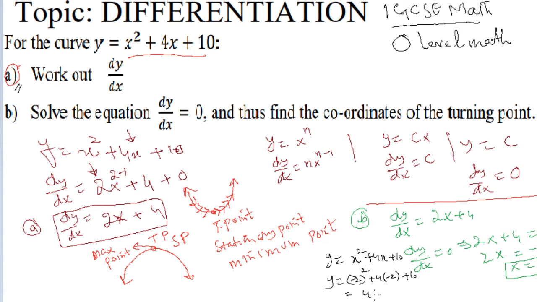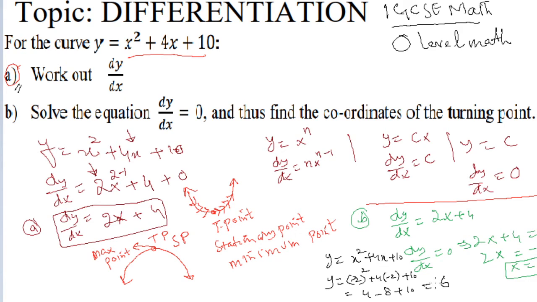Result becomes 4 minus 8 plus 10. x square with x value minus 2, minus 2 whole square is 4, and 4 into minus 2 is 8. So 4 minus 8 plus 10 is 14 minus 8, which is 6.